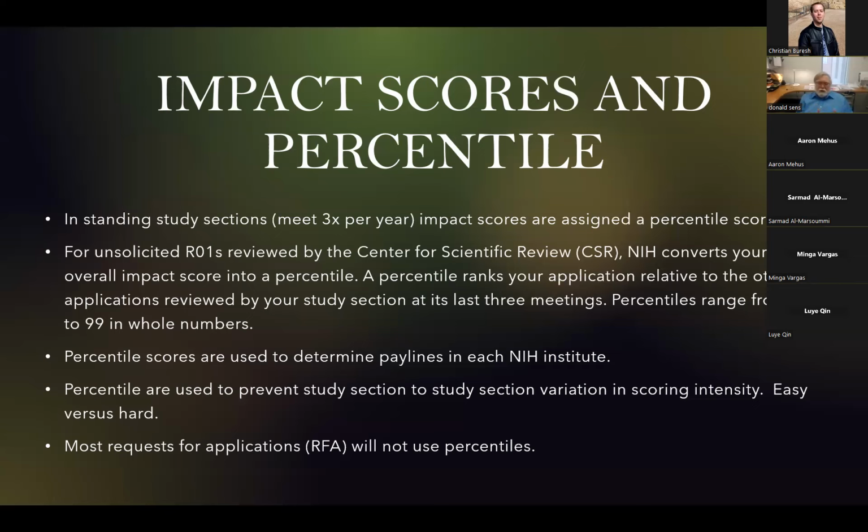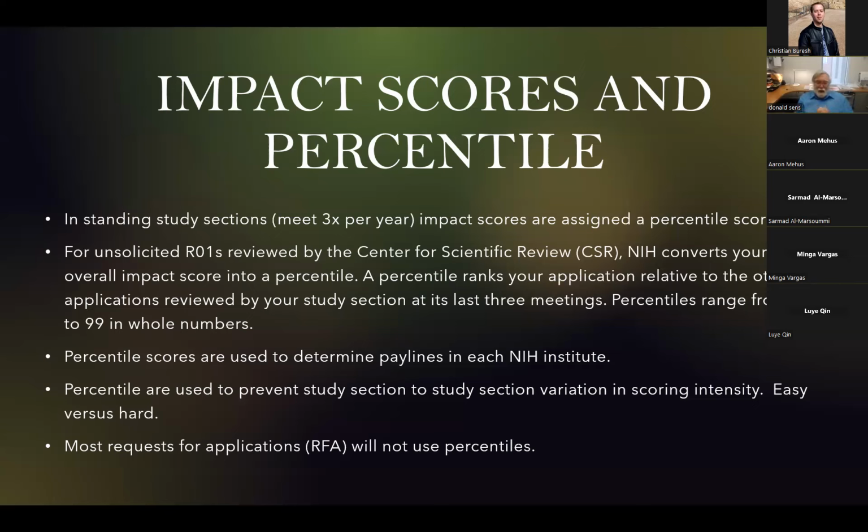And what happens on these is your impact score is the only score you're going to get. There's not enough other study sections because these are one-at-a-time opportunities. They don't occur multiple times. So there's no percentile. So on your RFA, your impact score is going to rule the day for all this.